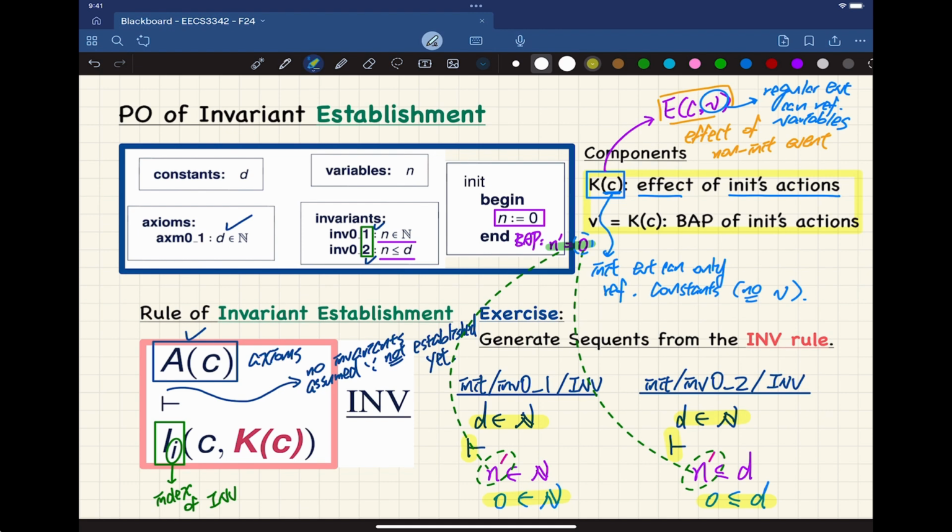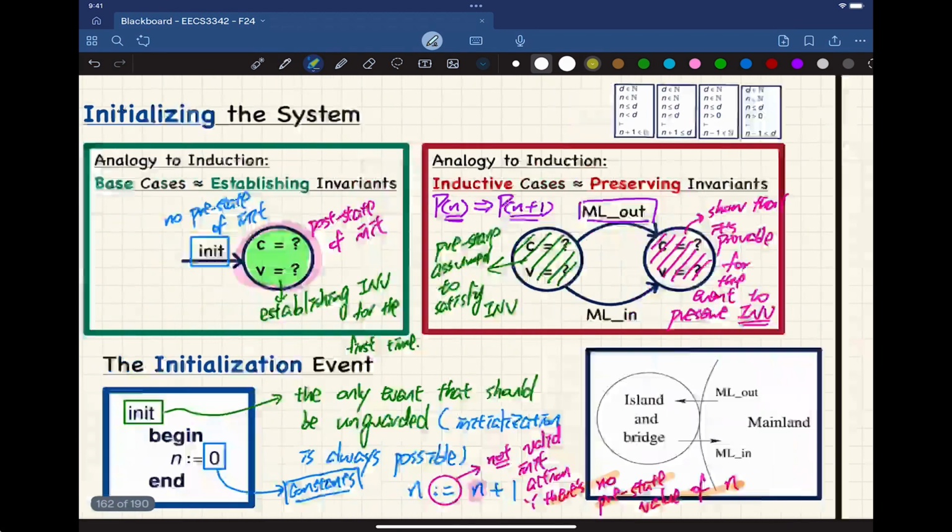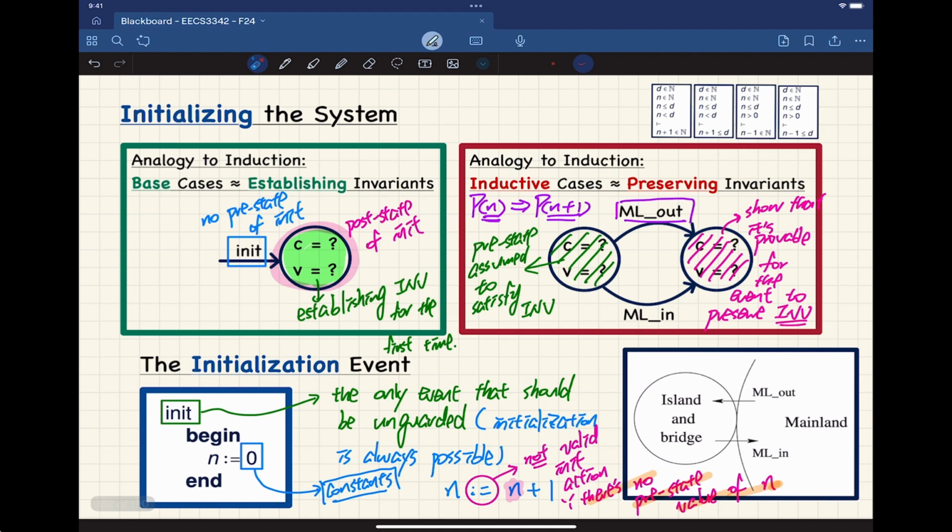Yes? How come n prime is the post state instead of the pre-state? Oh, this one here? Okay, think about this diagram here. Conceptually, if you have the execution or occurrence of the init events, it starts with nowhere. Think about it. There's no pre-states. It's just the very first event to start with. And then after that, we want to make sure the invariant is established for the very first time.